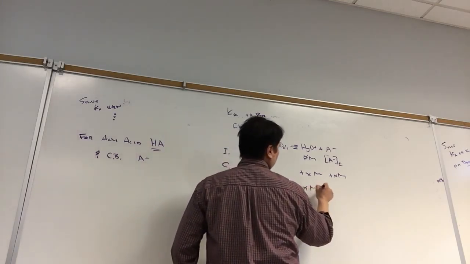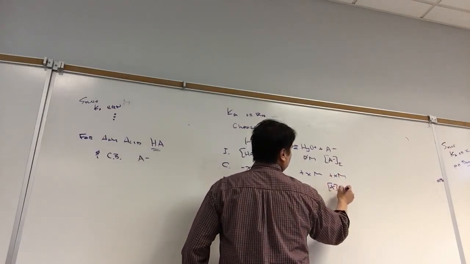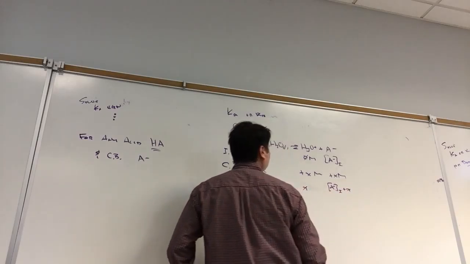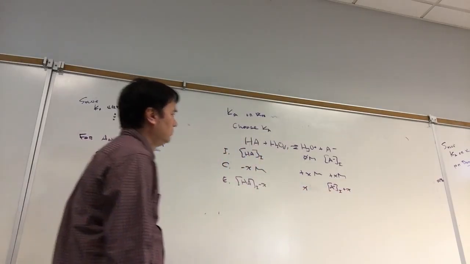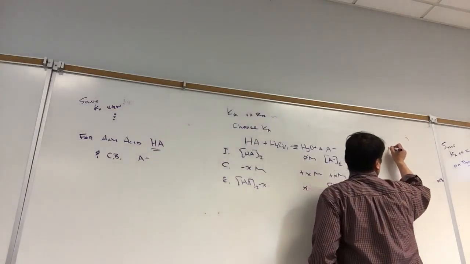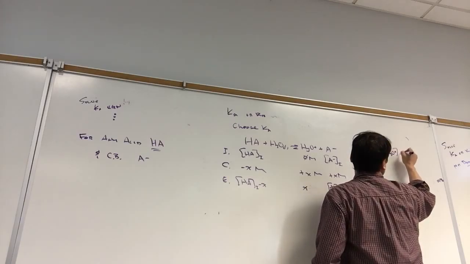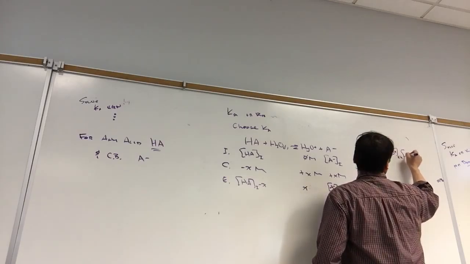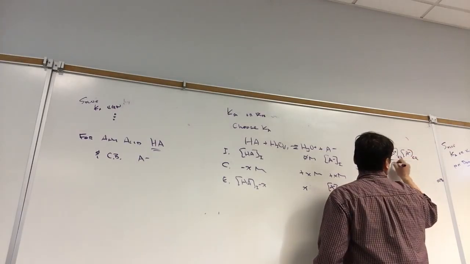I'll just call it X. I'll just drop the units. And then over here, this is going to be A minus initial plus X. Maybe X smaller. Ka is going to equal the hydronium ion concentration at equilibrium times the A minus concentration at equilibrium divided by the HA concentration at equilibrium.